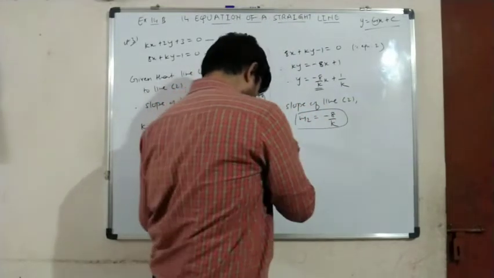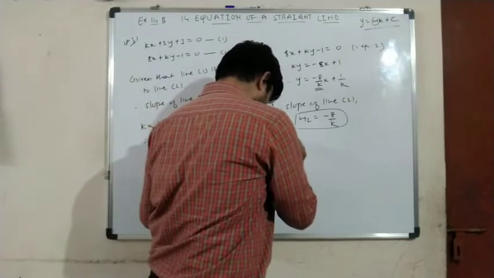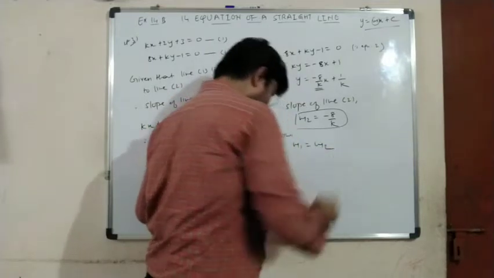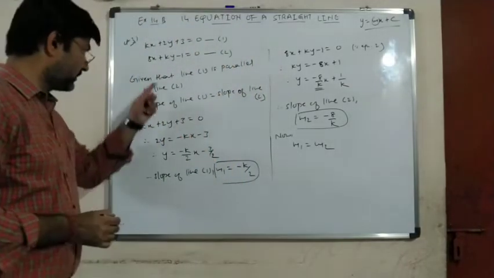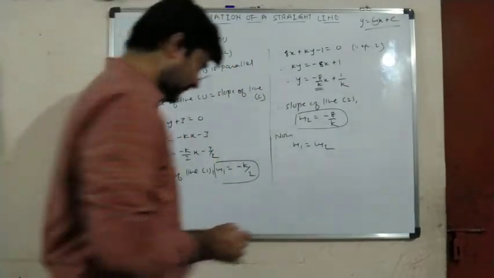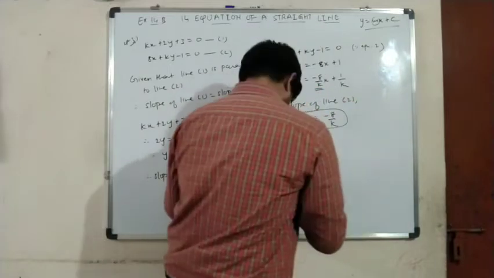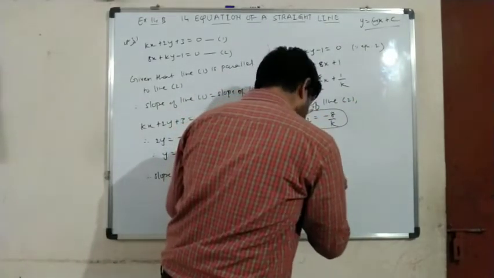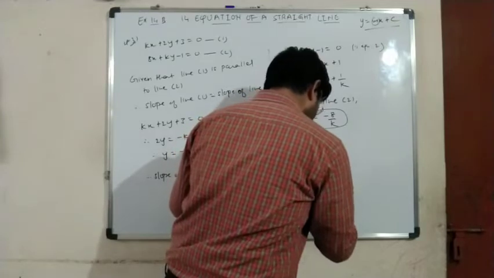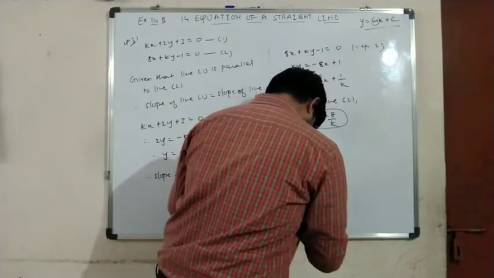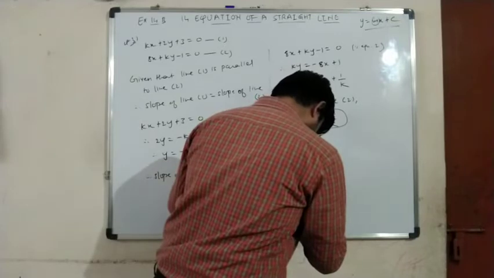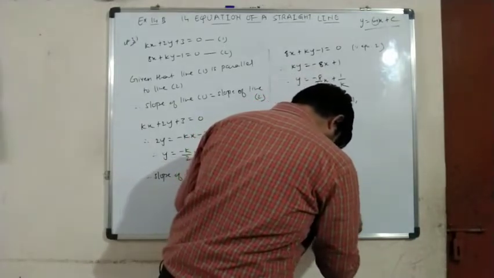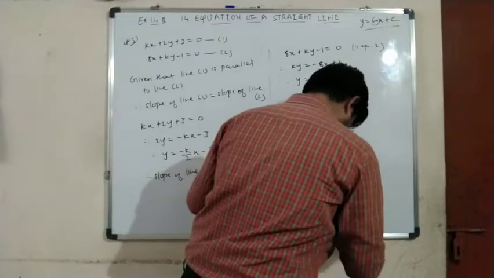Okay, now it is given that the two lines are parallel and therefore we know that m1 is equal to m2. Yes or no? Because slopes of two parallel lines are equal. Clear? And therefore m1, minus k upon 2, is equal to minus 8 upon k, and therefore k square is equal to 16, and therefore k will be equal to plus or minus 4.